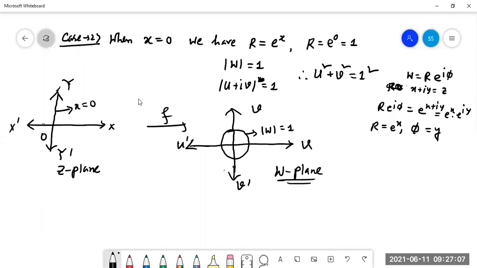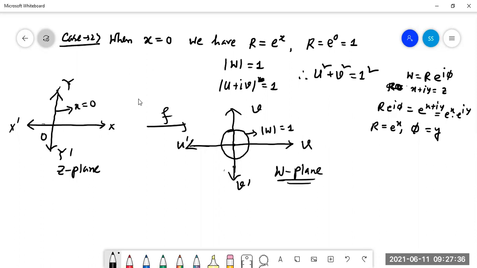Now we are taking x equal to 0. When we put x equal to 0, what is the value of r? r is the radial vector of the W plane. So e to the power 0 equal to 1. So r equal to 1, which means a circle in the W plane whose radius is 1. Right? So it is a circle whose center is 0, 0 and radius 1 unit in the W plane.